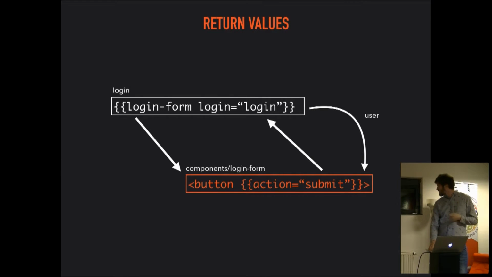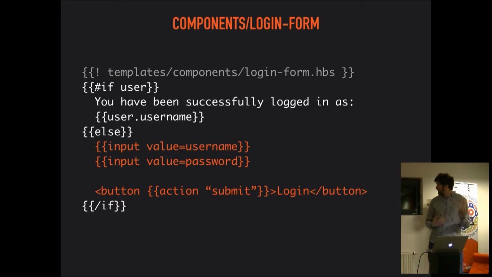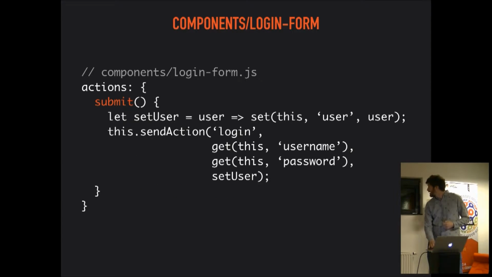So we start at the button again, we type in our username and password, and then click the login button. And when you click the login button, the submit action gets triggered. You get into the submit action. We send the action with the username and password and the setUser callback.